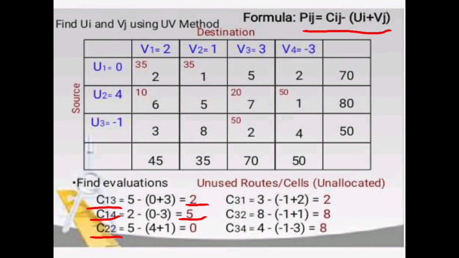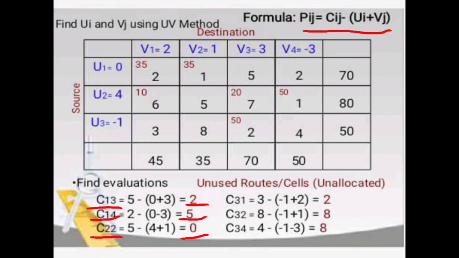So C22 is equal to 5, minus U2, which is 4, plus V2, which is 1. So the equivalent is 0.